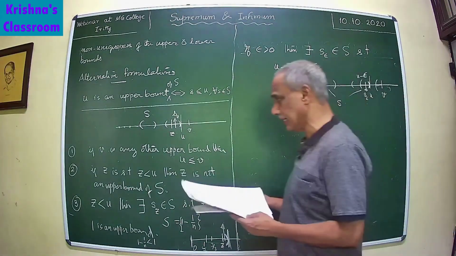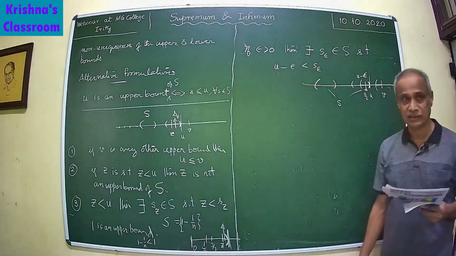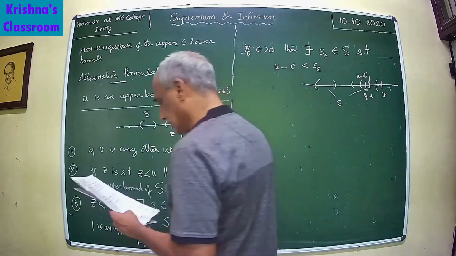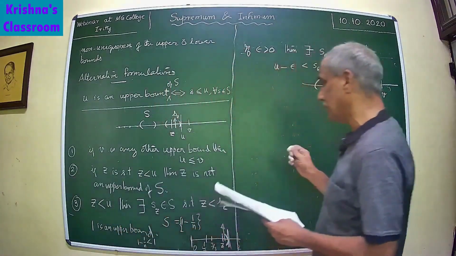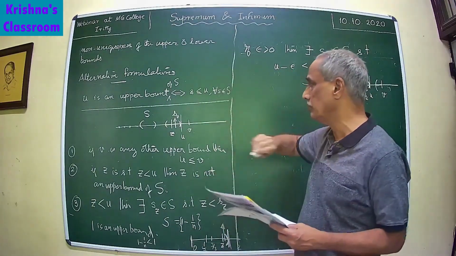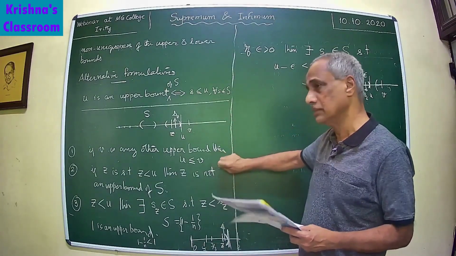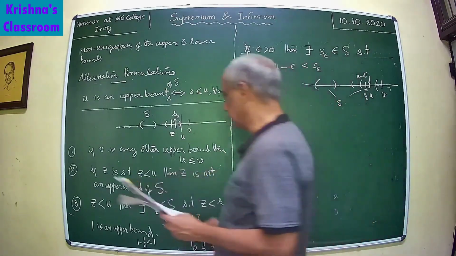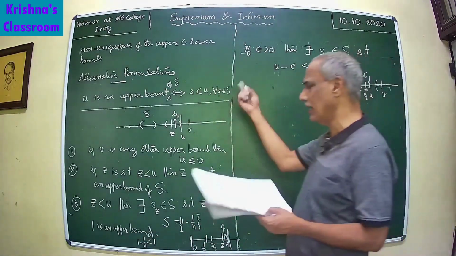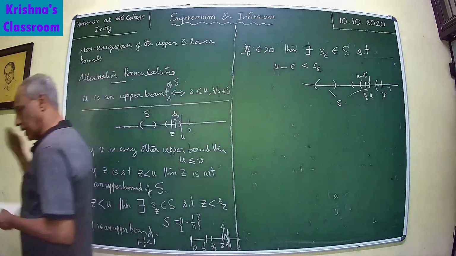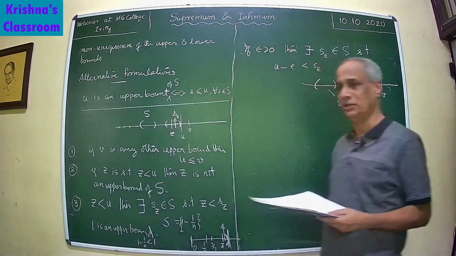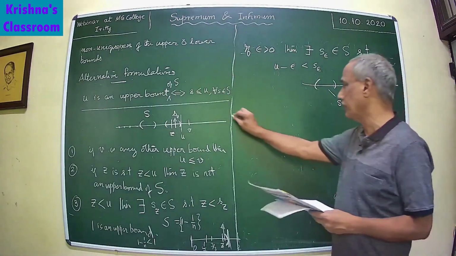I don't have time because I want to prove some other things, but it is a good exercise to prove the equivalence of these forms: assuming one, get the other, and vice versa. Any one of the forms that appears easiest to verify, you can use to establish that a particular number is the least upper bound.